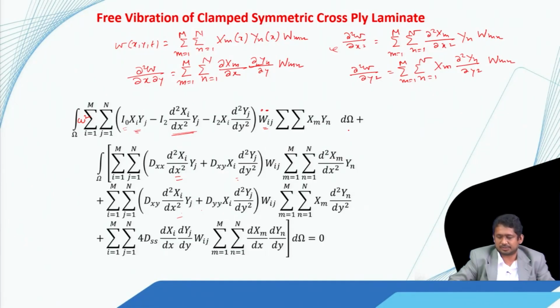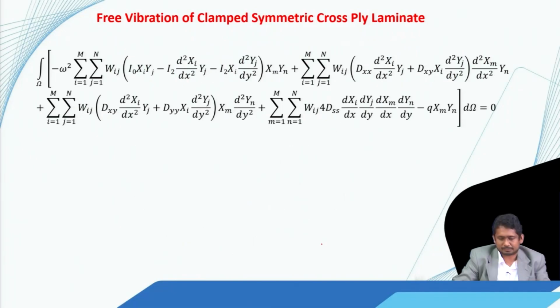That is just to distinguish, because initially these terms were associated with delta W_mn. Now, we are saying that the coefficient of delta W_mn is 0. So, whatever was directly associated with delta W_mn, the corresponding indices are m n, and inside we have i j. Now, this gives us the free vibration equation for each m n.